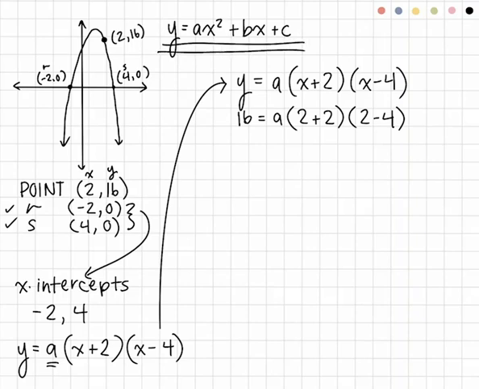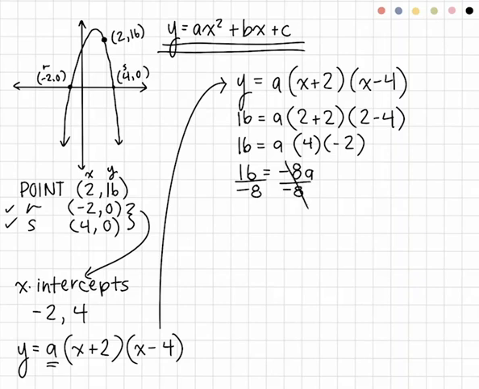In order to do that, we need these values. So let's solve here. I've got 16 equals a times 4 and negative 2, so that's going to give me negative 8a. To isolate for a, I'm going to divide by negative 8.